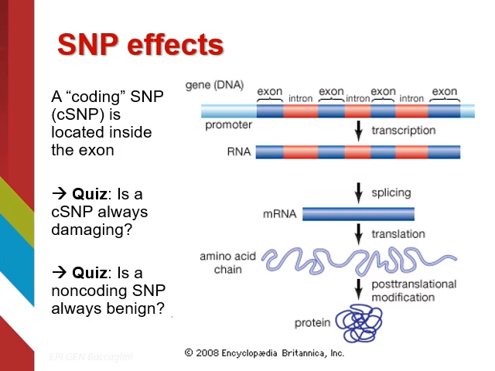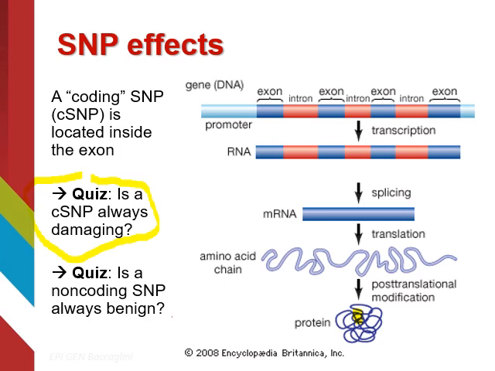So here are the answers. The answer to question 1, is a cSNP always damaging? Well, that depends. The cSNP will be in the exon, and then it is transcribed and translated into protein. However, what if the cSNP is happening in a position where eventually becomes an amino acid really deep inside the protein? In this case, it might have little effect on the function of the protein.